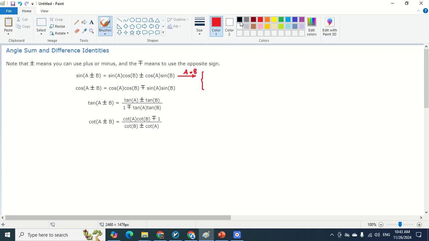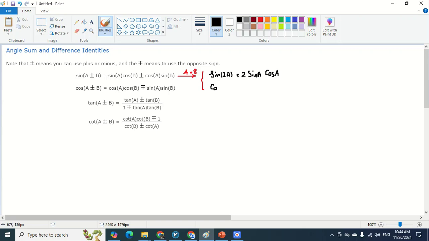Let me mention it here: the sine of 2A, if we replace B by A, is equal to 2 times sine A cosine A. We use this relation several times in calculation of integrals, so you should keep it in your mind.